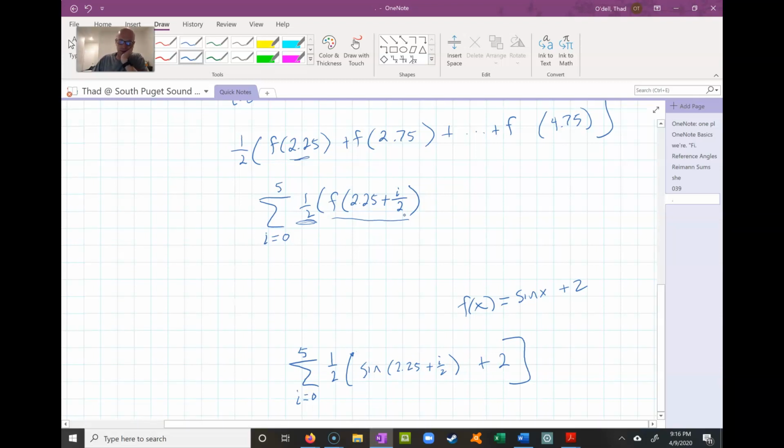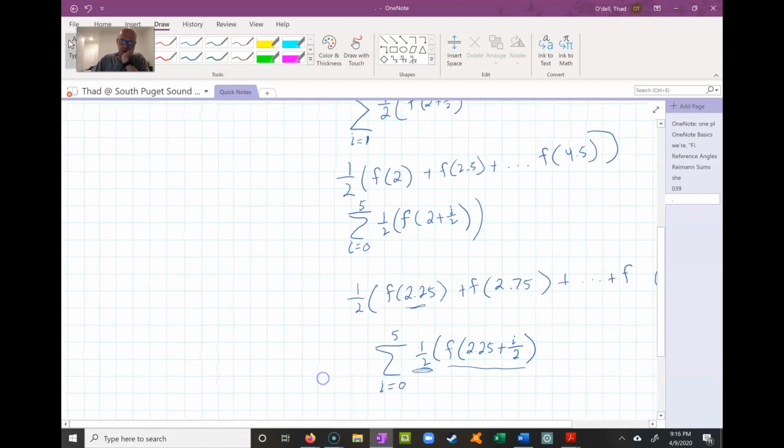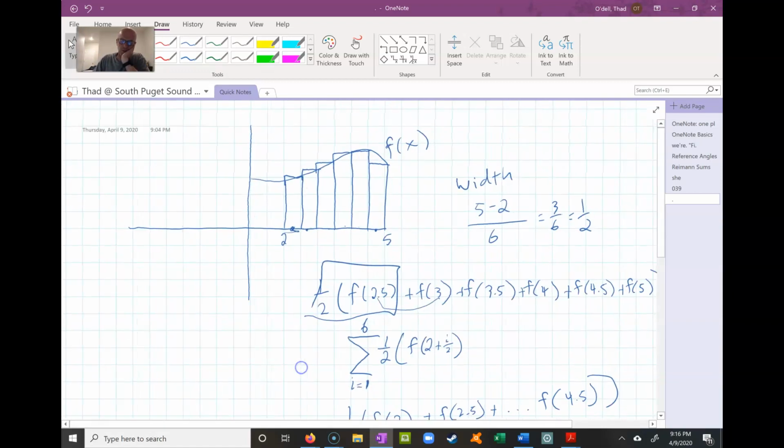Now the whole purpose of this, of course, is that we want to be able to find the exact area under the curve. And we talked about this a couple of videos ago, that the more rectangles I take, or the more subintervals I divide it up into, the better the approximation.